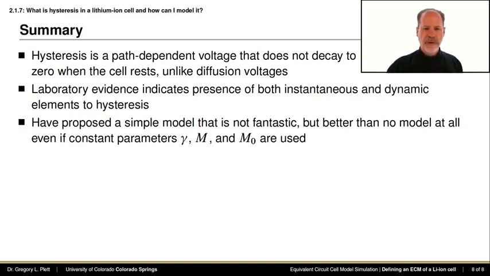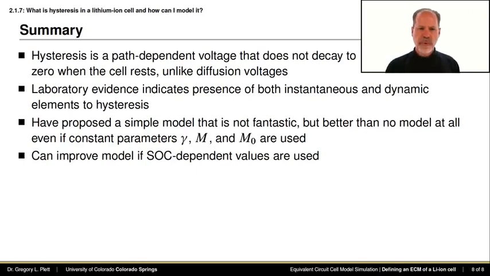And in this lesson, you've learned about a simple model of hysteresis that's honestly not fantastic, but it's better than no model at all, even if we use constant parameter values for gamma and for m0. There are much more advanced hysteresis models that researchers are looking at, and indeed our research team is also looking at some of those as well, but this model will be sufficient for our purposes for this specialization.